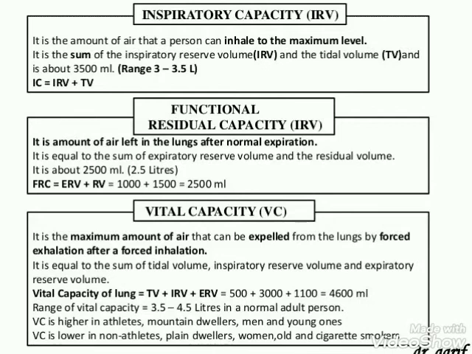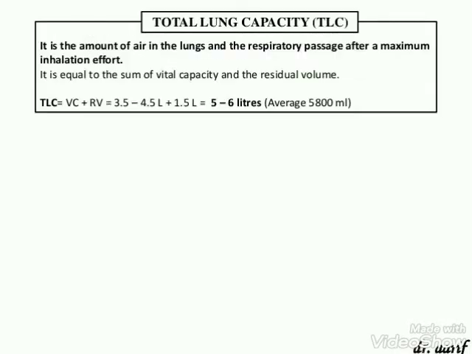The range of vital capacity is 3.5 to 4.5 liters in a normal adult person. VC is higher in athletes, mountain dwellers, men and young ones. VC is lower in non-athletes, plain dwellers, women, old people and cigarette smokers.